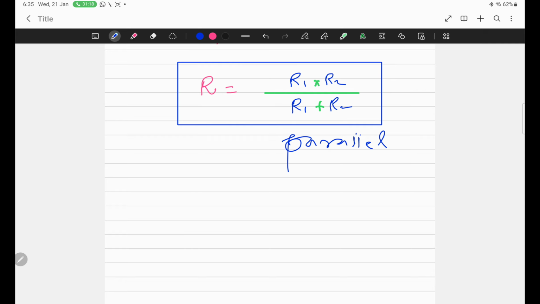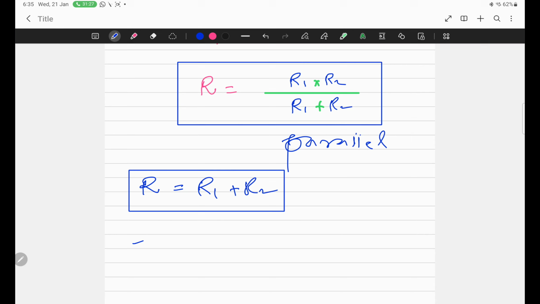And if you are working on series, then you know series is very simple. R1 plus R2. So for series, simple addition. And for parallel, R1 into R2 divided by R1 plus R2. I'm not practicing because we will practice directly in the past paper series. You should note down only the formula. Have you noted?